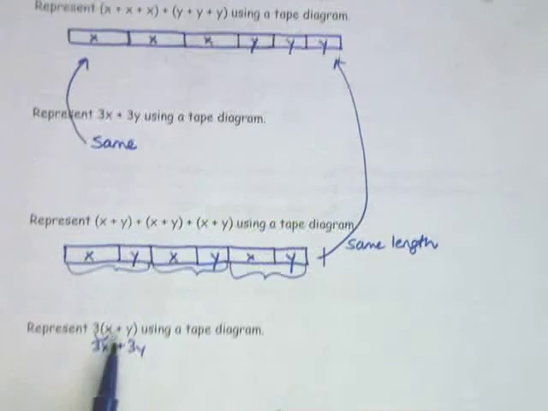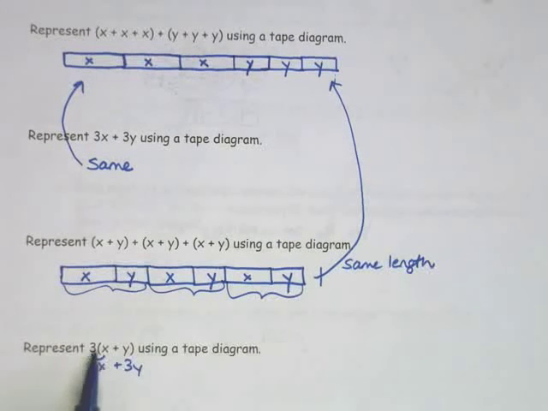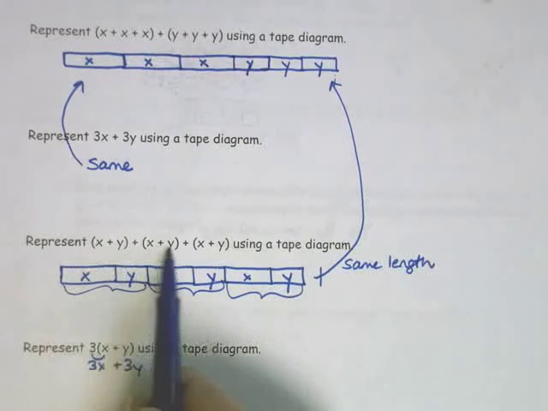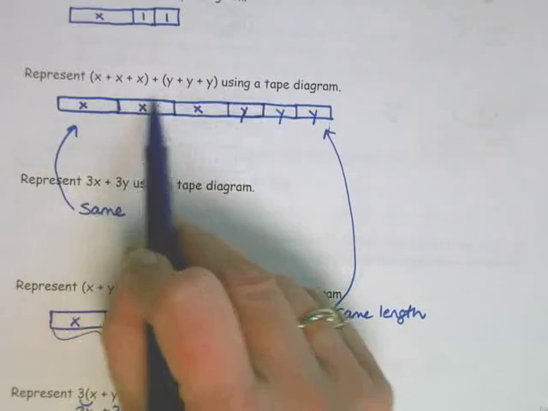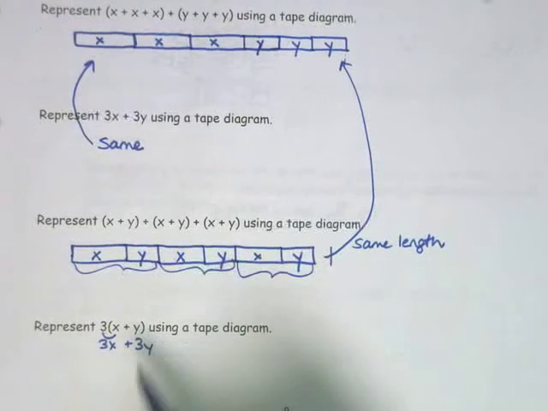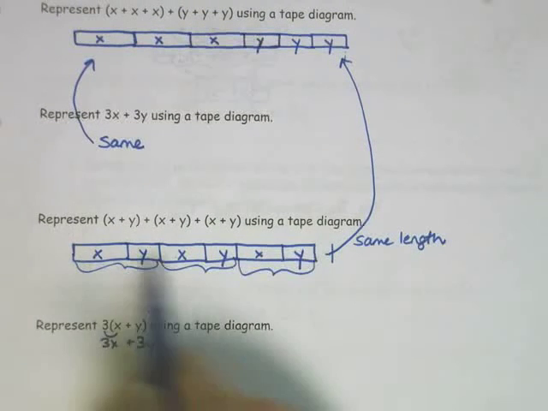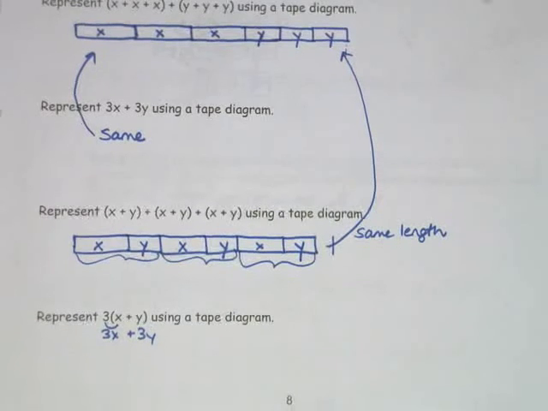So we have just proved, essentially using this tape diagram that's all the same length, that 3(x plus y), x plus y plus x plus y plus x plus y, 3x plus 3y, x plus x plus x plus y plus y plus y, all 4 of those are equivalent expressions because their tape diagram would be the same length. You've got the same things in them.